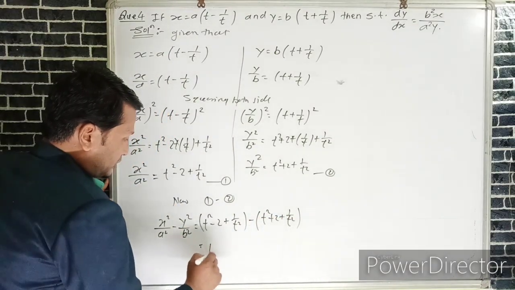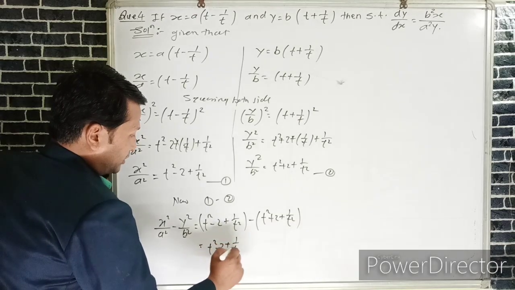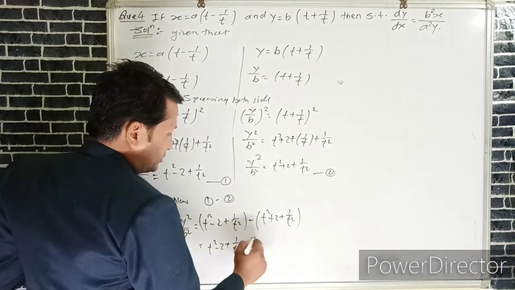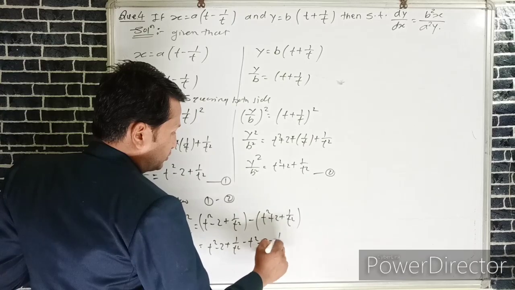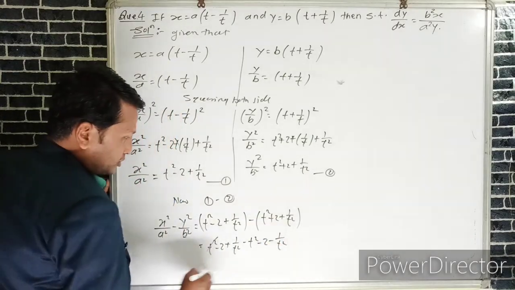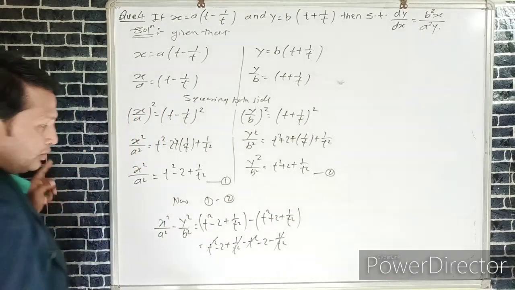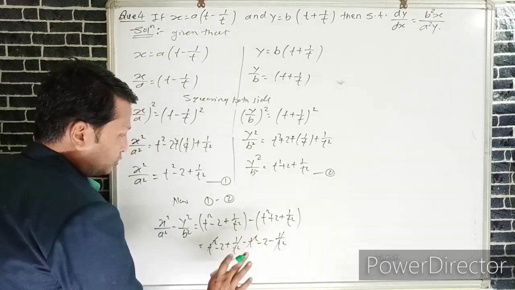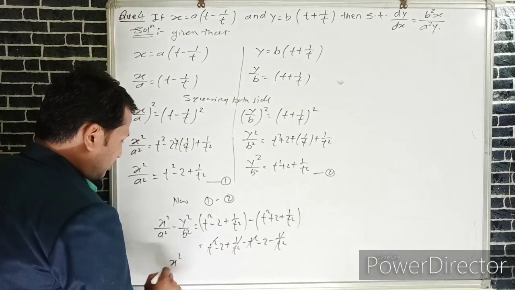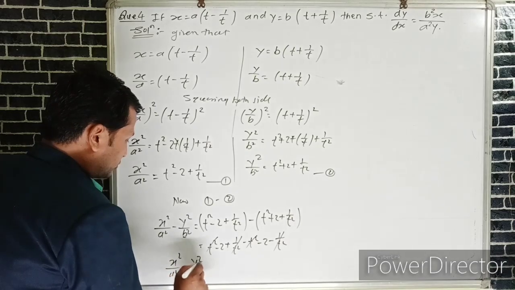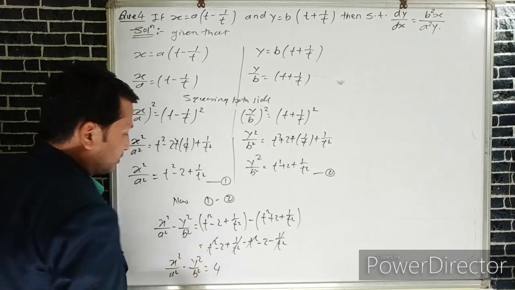Here t square minus 2 plus 1 upon t square, it is minus t square minus 2 minus 1 upon t square. The t square and minus t square cancel, plus 1 by t square minus 1 by t square cancel. We can write minus 2 minus 2 means minus 4, so x square upon a square minus y square upon b square equals 4.